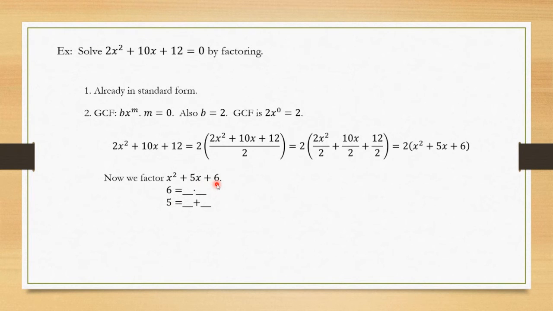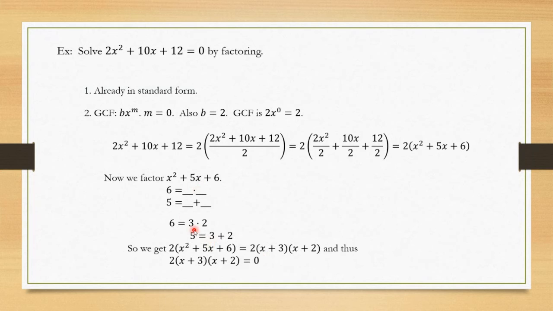We're trying to factor this down. So what numbers are going to work? Hopefully you can see that 3 and 2 are the numbers. 6 is 3 times 2. 5 is 3 plus 2.